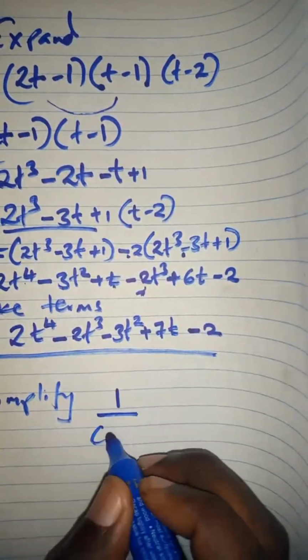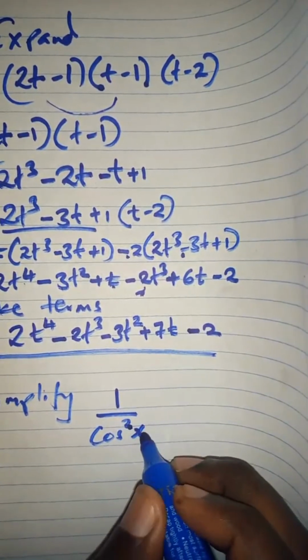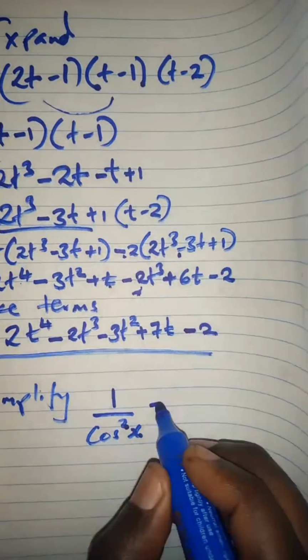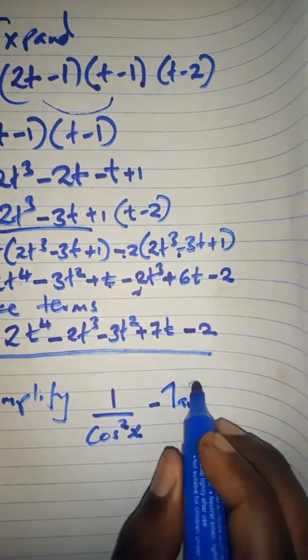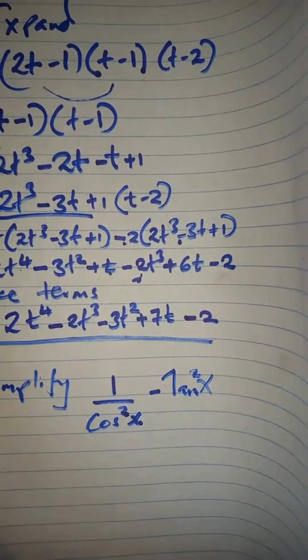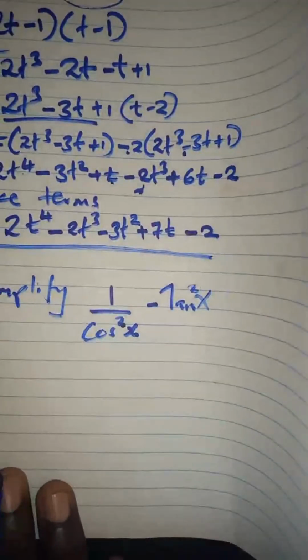One over cos squared x minus tan squared x. So guys, if you're asked to simplify this problem, then it is very easy.